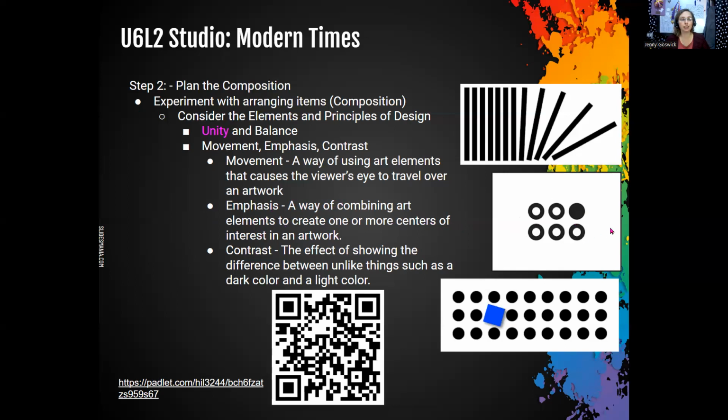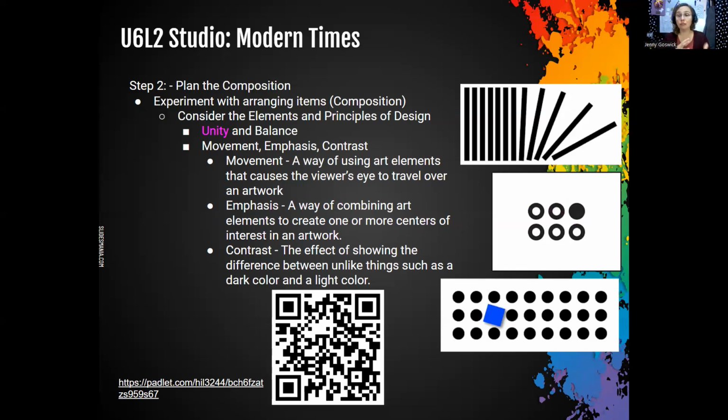So you can see that in the second example there, we have 6 circles and only one of them is completely filled in. Well, that draws our attention to that piece. So you might think about in your collage or in your sculpture, is there something that you want to draw attention to? And then you could create some emphasis by using those art elements, okay?